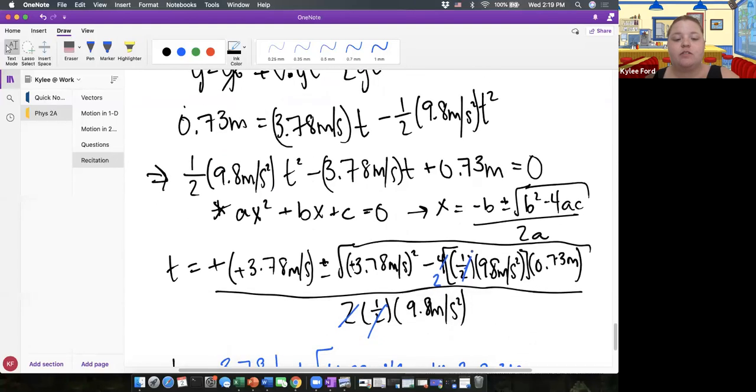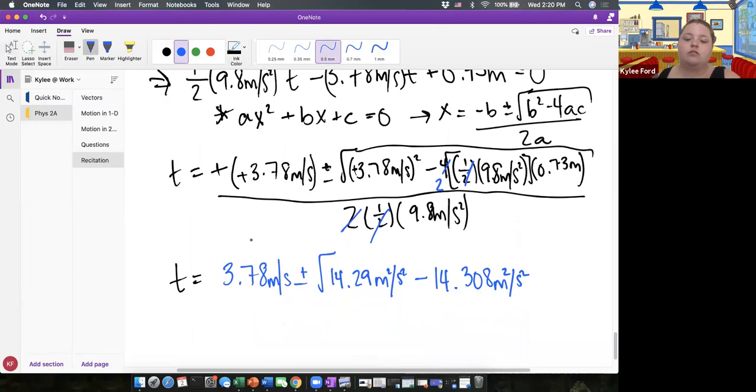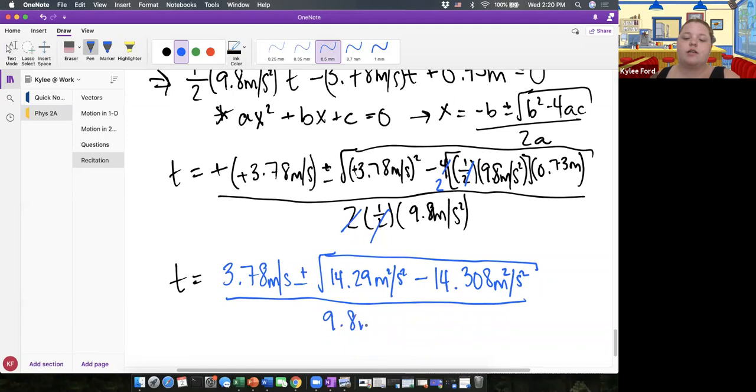It's positive. This seems off. So the reason I stopped here was I saw that if I were to subtract this number from this number, there's going to be a negative value under there.